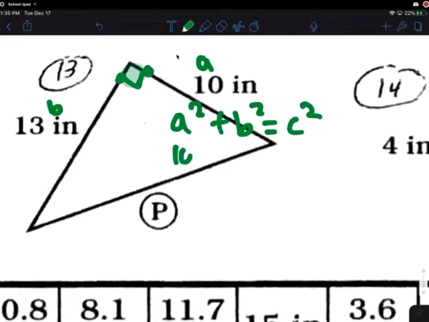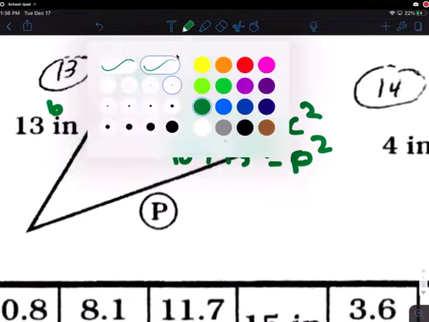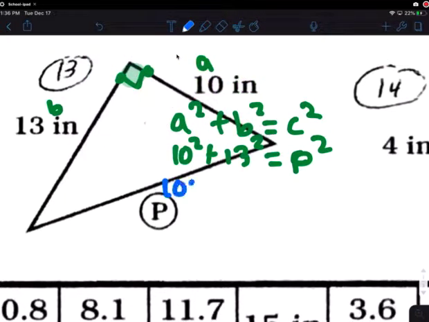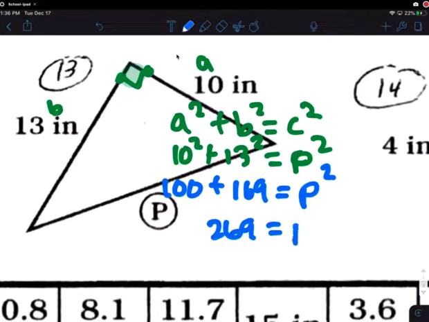A is 10 squared plus 13 squared equals P squared, P is the letter C. Okay, 10 squared is 100 plus 169 equals P squared. You get 269 equals P squared.